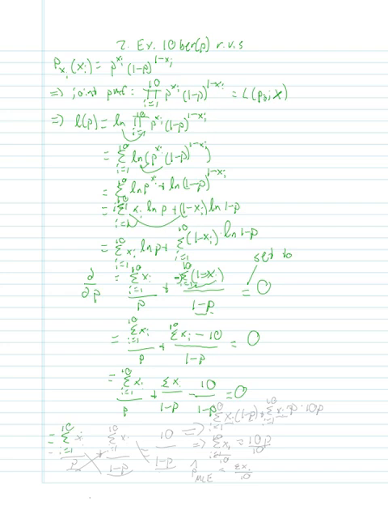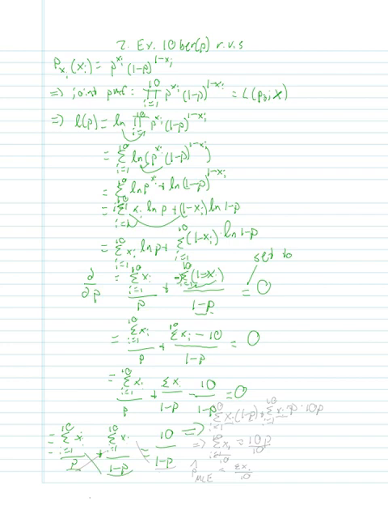Or we have the sum from i equals 1 to 10 of xi over p plus the sum from i equals 1 to 10 of xi over 1 minus p is equal to, just moving the minus 10 over to the other side, right? 10 over 1 minus p.